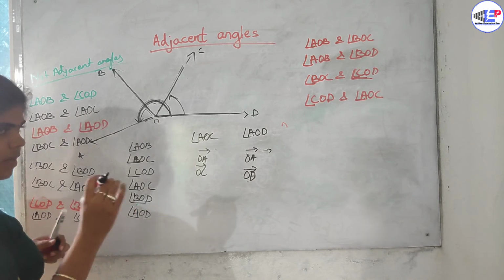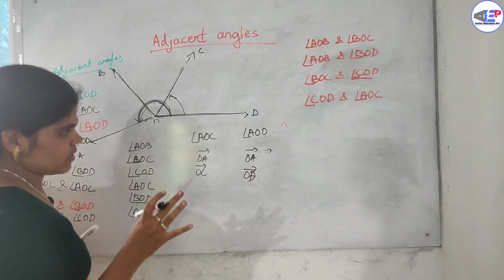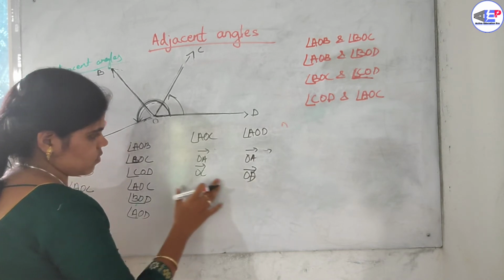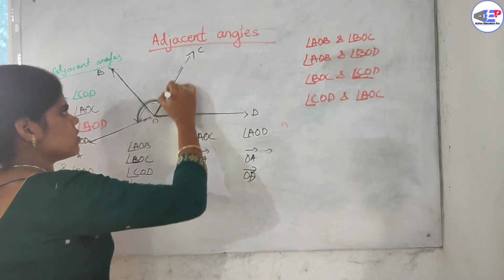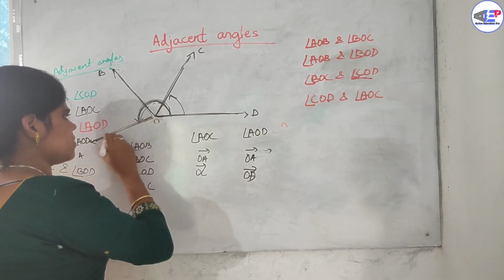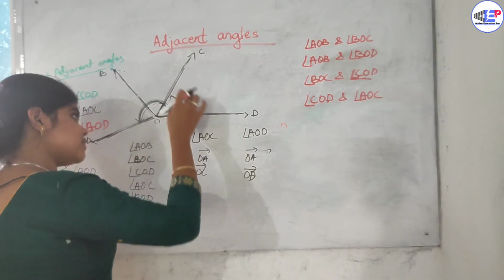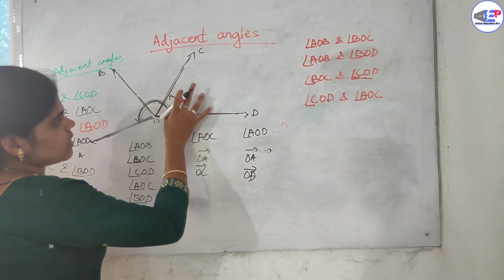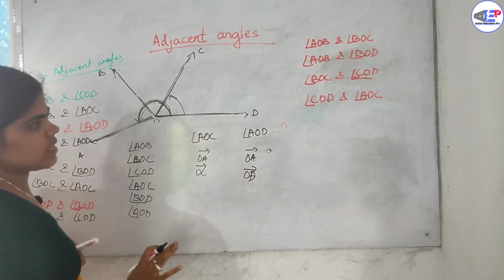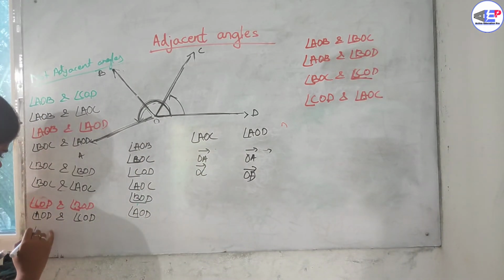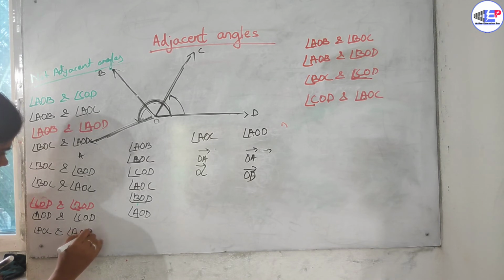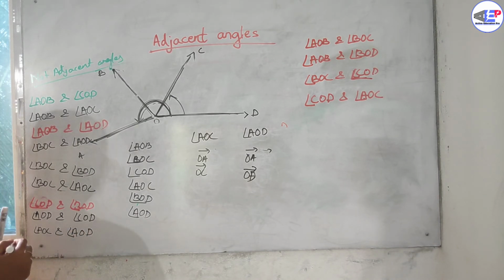Then the basic condition: OC and OD are the non-common arms. Here this is OC and this is OD, and OA is the common arm. So these two angles are present at a single side of the common arm OA. So these two angles are not adjacent angles. This is AOC and AOD.